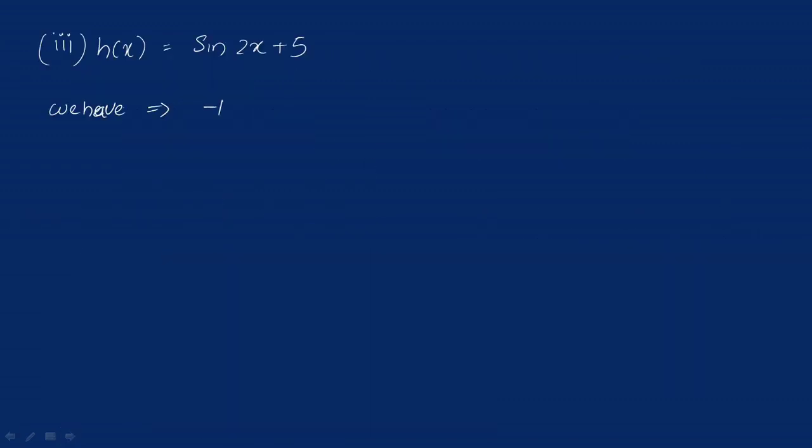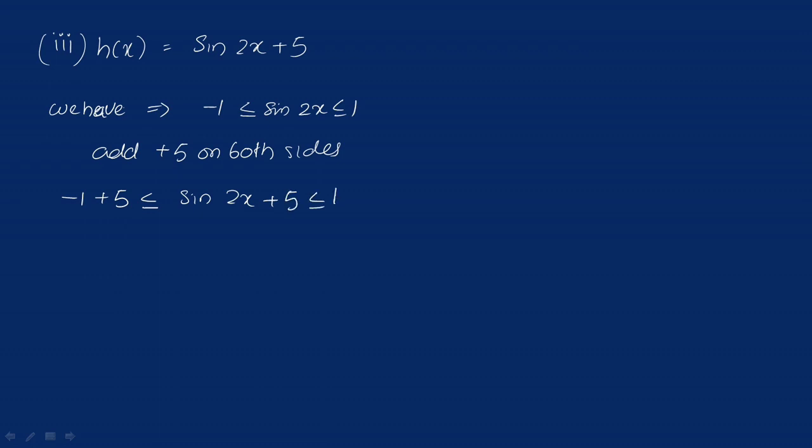Now the third question, that is h of x is equal to sine of 2x plus 5. What is the range of sine x? That is minus 1 less than or equal to sine x less than or equal to 1. Here we have sine 2x, that is also minus 1 less than or equal to sine 2x less than or equal to 1. Now adding 5 on all sides, minus 1 plus 5 less than or equal to sine 2x plus 5 less than or equal to 1 plus 5.